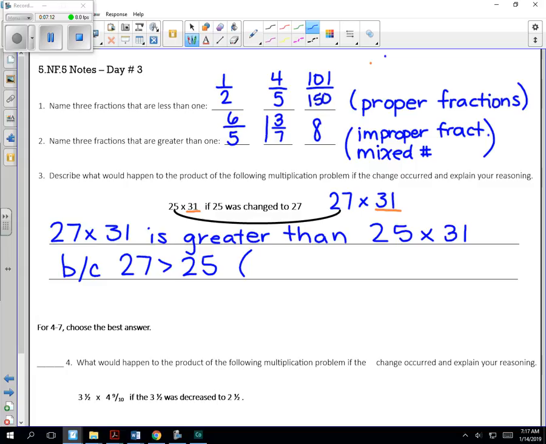How much greater? Well, it would be 2 times 31 greater because there's 2 more 31s. Greater or 62 more.